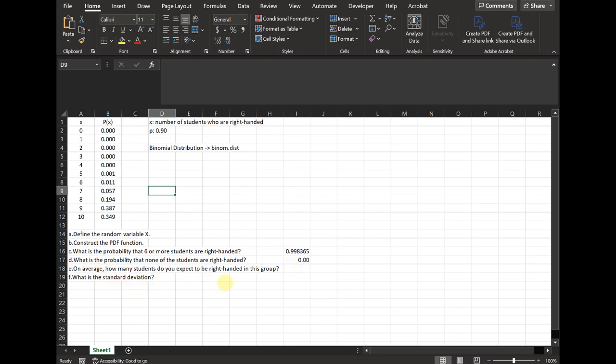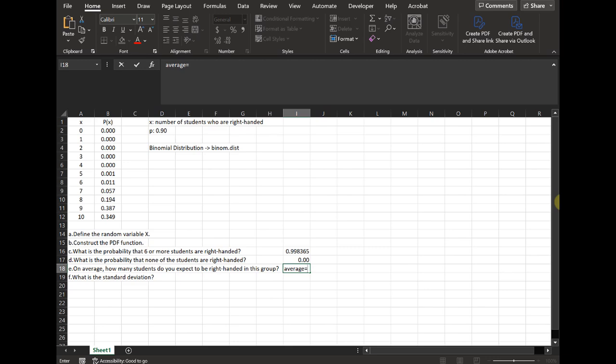So the next question is, on average, how many students do you expect to be right-handed in this group? That is now relying on you knowing the formula for mu. The words average and expected mean this is an expected value. When we're talking about the binomial distribution, the one thing to remember is that for the average, this is a different formula.